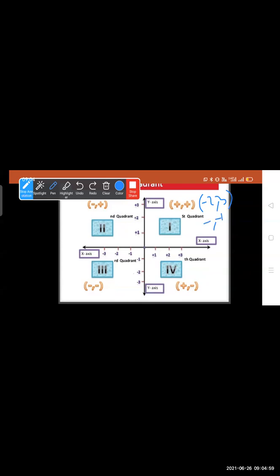Minus and plus means this point lies in the second quadrant. Again, -4, -2 means both values are negative, so this point lies in the third quadrant. In this way, we write the answers to the given questions.